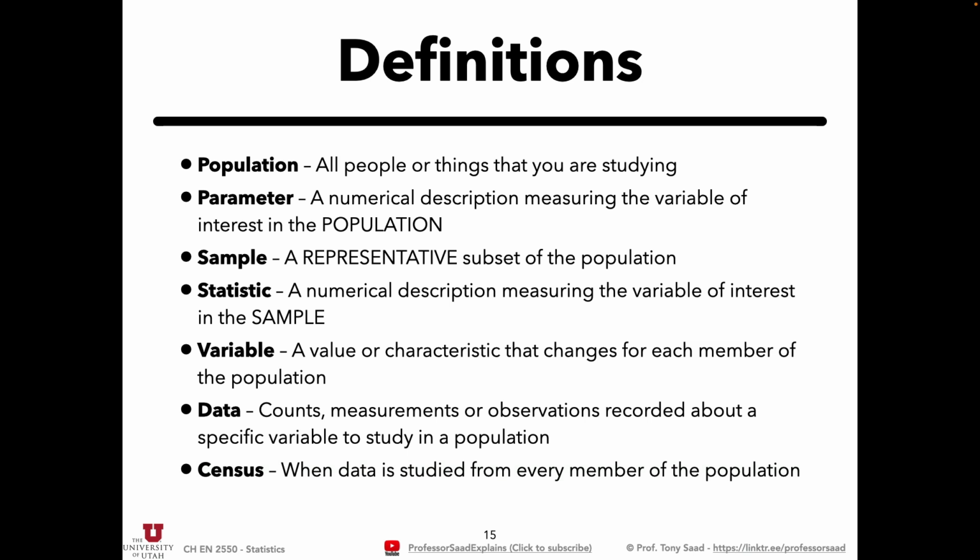So for example, if my population is this class, I can survey all of you. It's easy, there's 55 of you, doesn't take much time. I would call that a census. Now, I probably cannot draw any conclusions outside this population, but for this population, I can just go and survey everyone and it'll be just fine. So we call that a census.